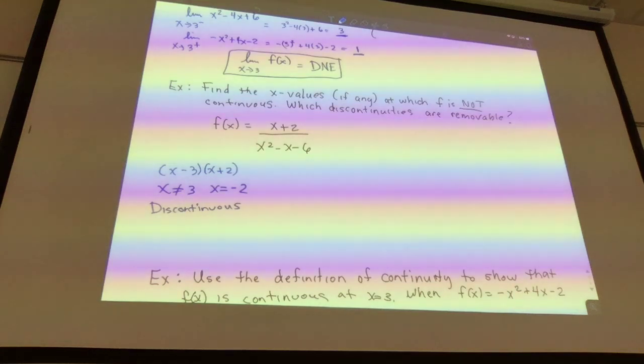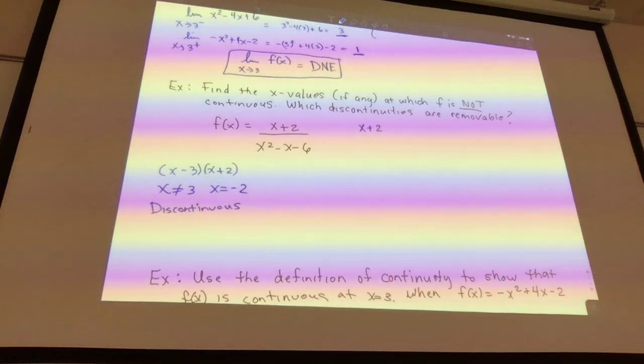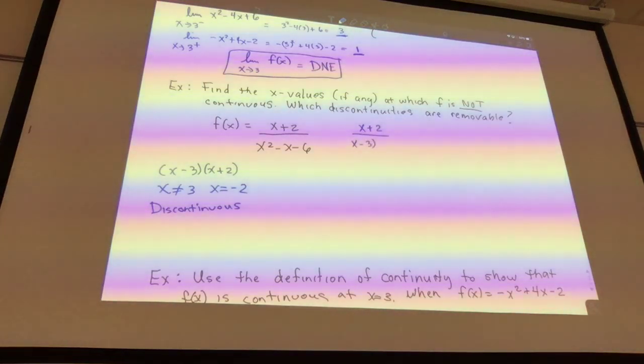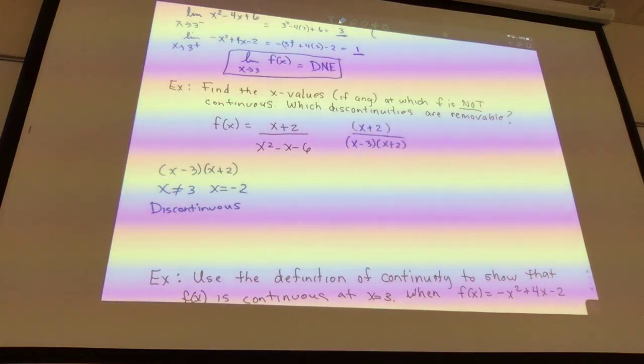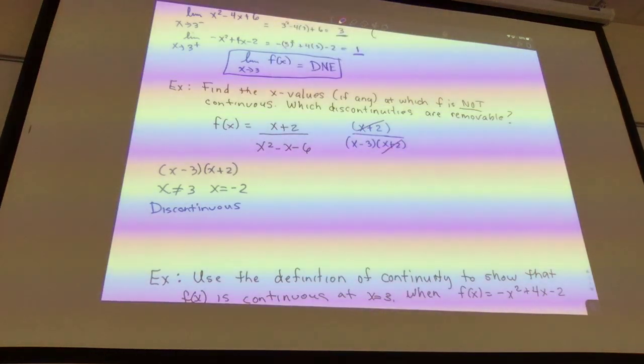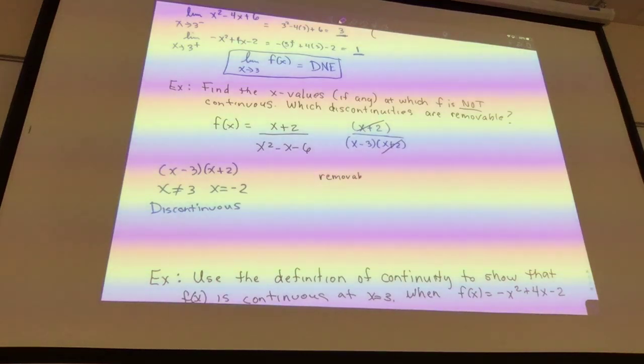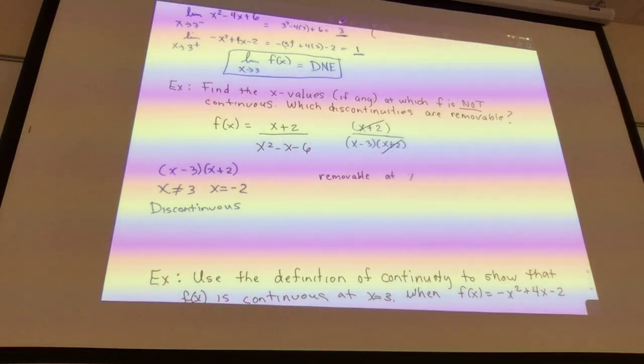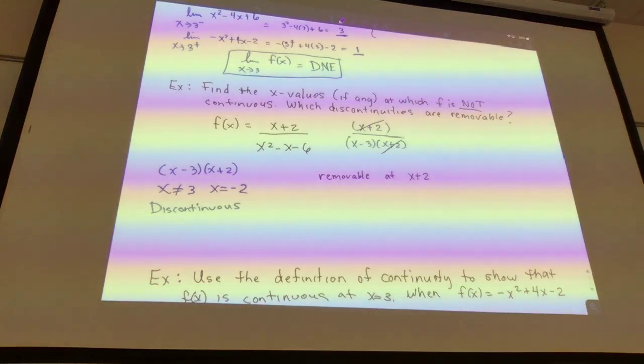But it says to see if something's removable. So we're going to take our original and write it over the factor form, which was x minus 3, x plus 2. Right? So our removable discontinuity, we would say, is removable at x plus 2, or x equals negative 2.